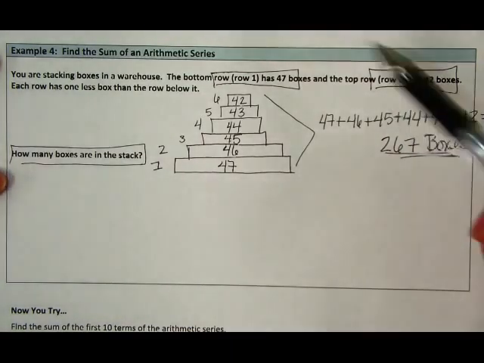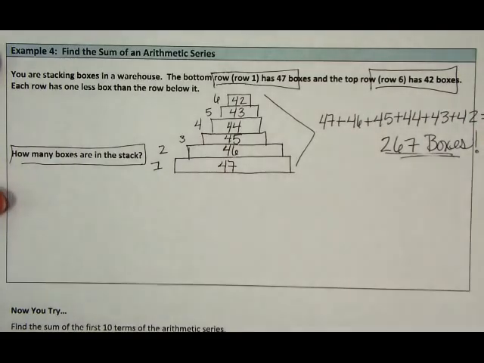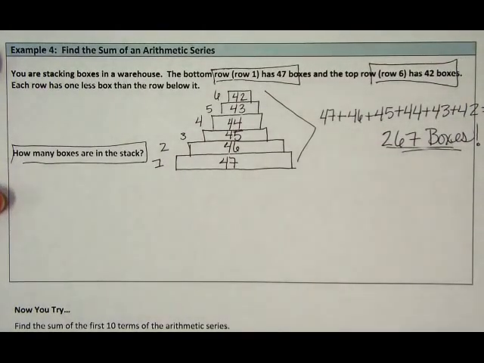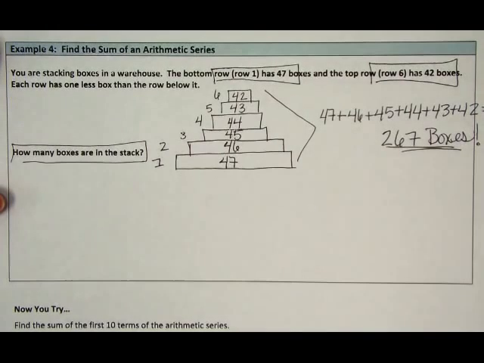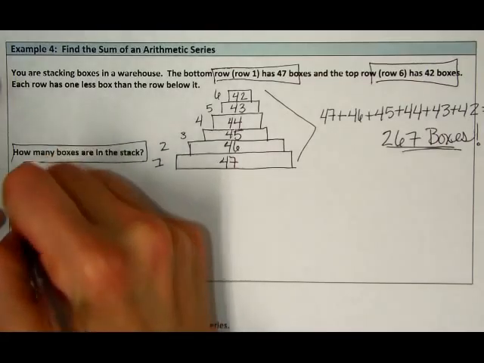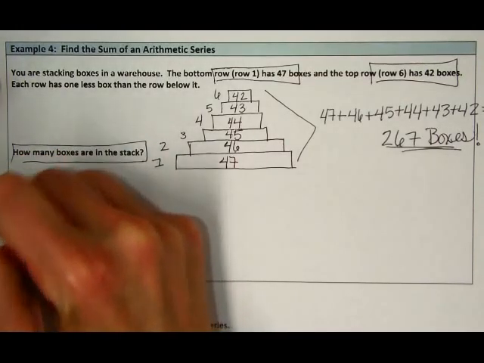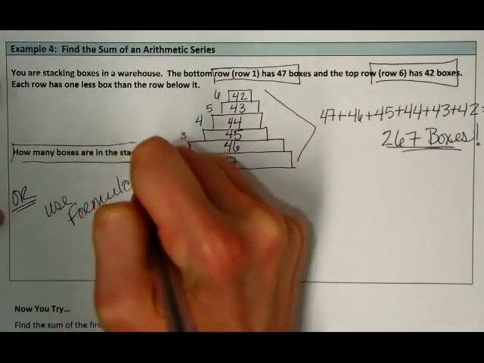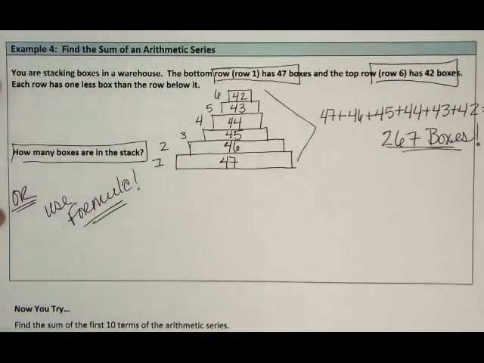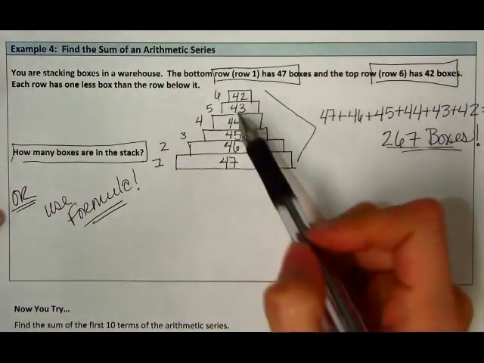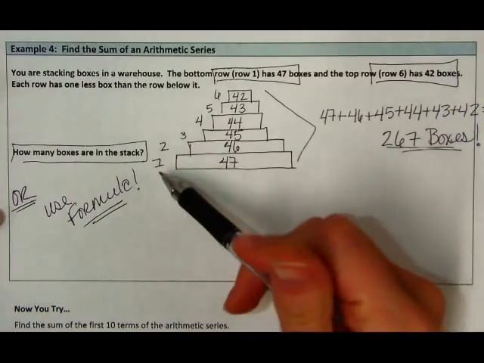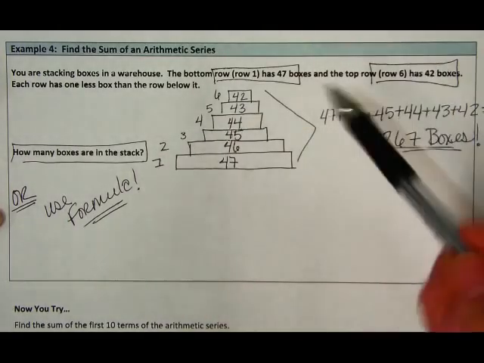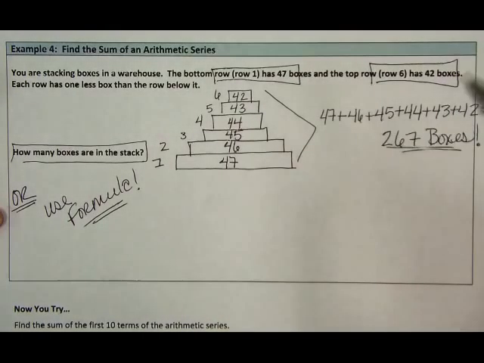Not too bad if I have to draw it out and I'm only looking at 6 rows and 6 values in the series that I'm adding up to find the sum. Now we could also use the formula. I'm going to show you how to do that just momentarily, because it's good to know how to use it in case down the road I have more than just 6 values. If I have 20 values or 100 values, I'm not going to want to draw them all out, so it makes more sense to do it this way.